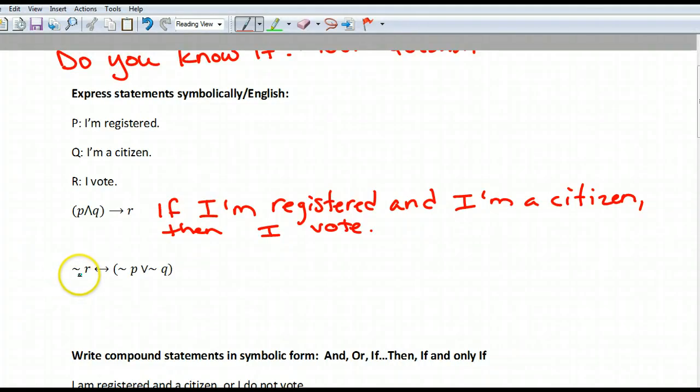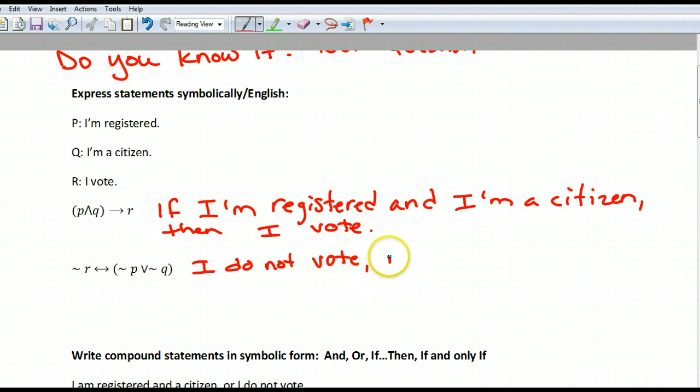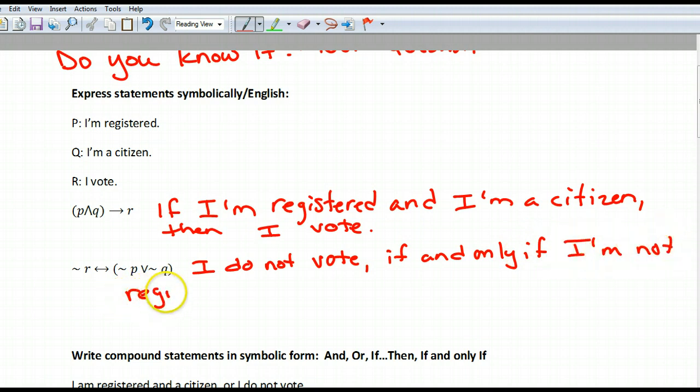What does this little symbol mean? Not. So not R means I do not vote. Yes. If and only if I'm not registered or I'm a citizen. I'm not a citizen. Thank you.